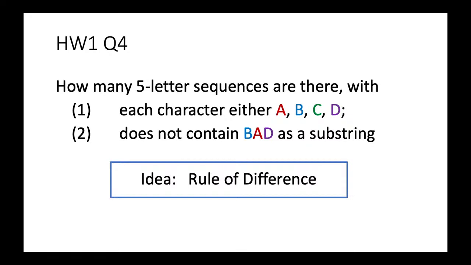Now, this is actually easy if you compute the problem a different way. We find out how many 5-letter sequences contain BAD. And if we can find such a number, then we deduct it from all the possible 5-letter sequences that we can create.